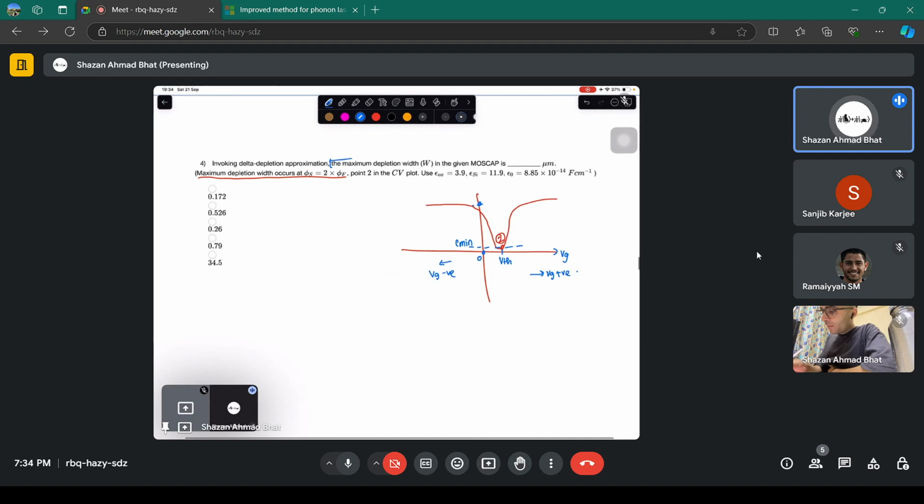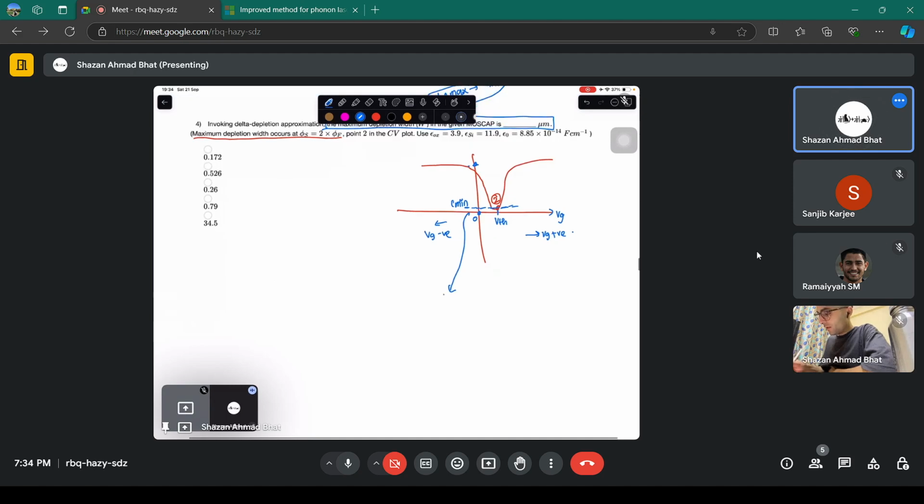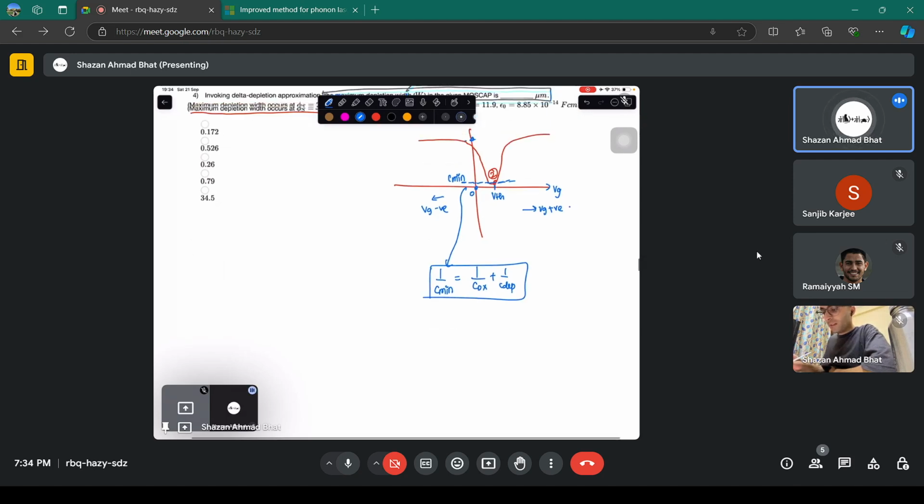We have to find the maximum depletion width. Again, you know that the depletion width will be maximum when, at W D maximum, the capacitance will be minimum. That is this region. So you can directly use it. 1 over C minimum equals 1 over C oxide plus 1 over C depletion. Everything has been given.